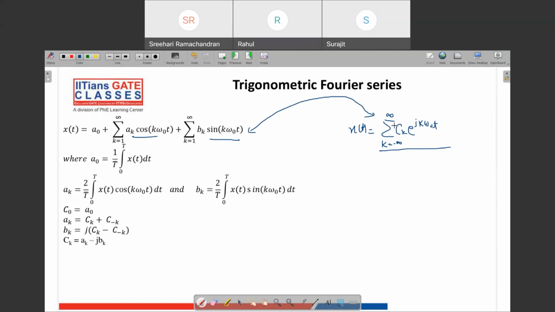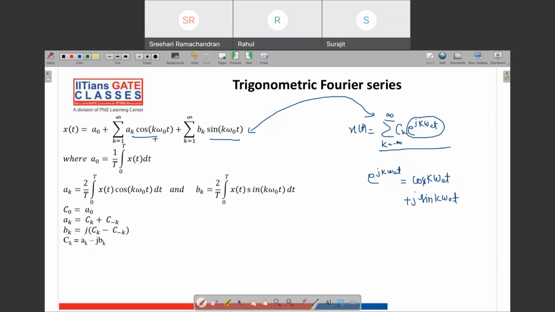The reason we can move from exponential to cos and sine is that this exponential is essentially a cos and sine, right? You can write e to the power j k omega naught t equal to cos k omega naught t plus j sine k omega naught t. From there, you can also write this in the form of cos and sine.